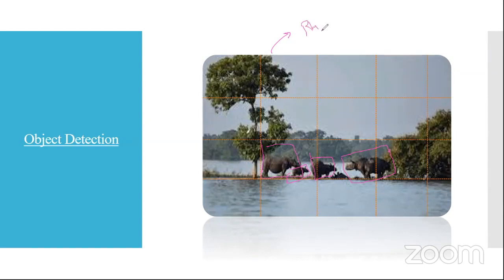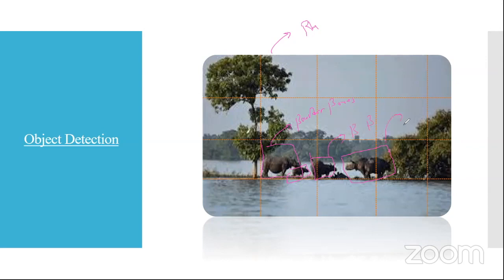But then what exactly is object detection? In object detection you don't just need to identify that in this image we have some animal. We have to identify the position of that particular animal or object of interest, right? These are called bounding boxes. Okay, so these are all called bounding boxes, right?